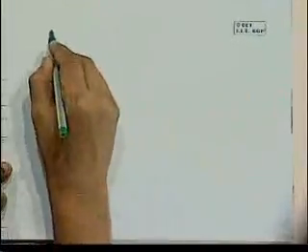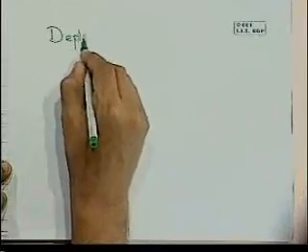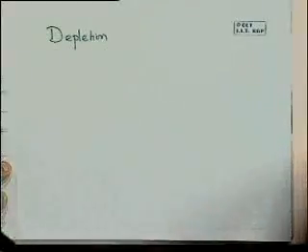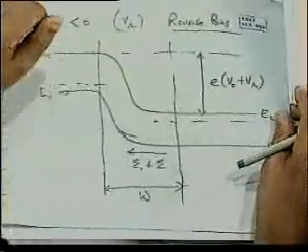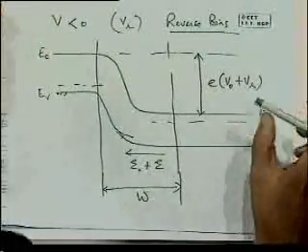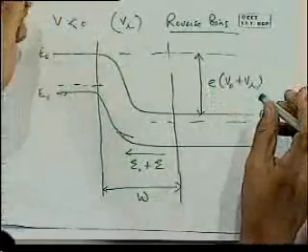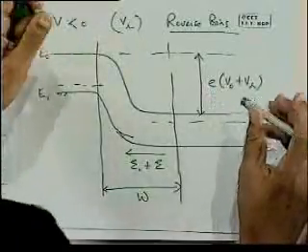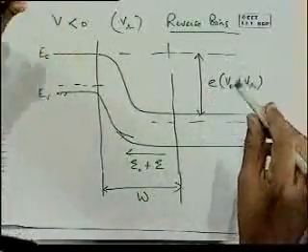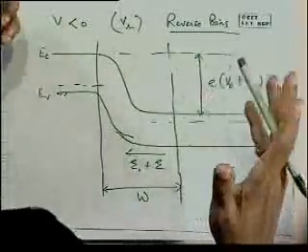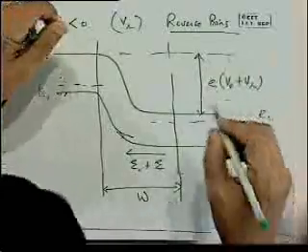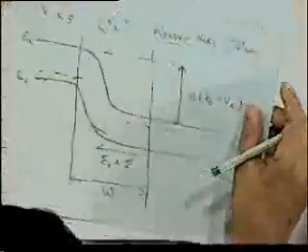We can discuss one more thing. If you remember, inside this depletion layer, what do we have? What is there in the depletion layer? Fixed charges, right? Obviously, by the name depletion layer, we are implying that there are no free carriers in there under equilibrium. It's the fixed charges. And when you have fixed charges like that, what can you expect?